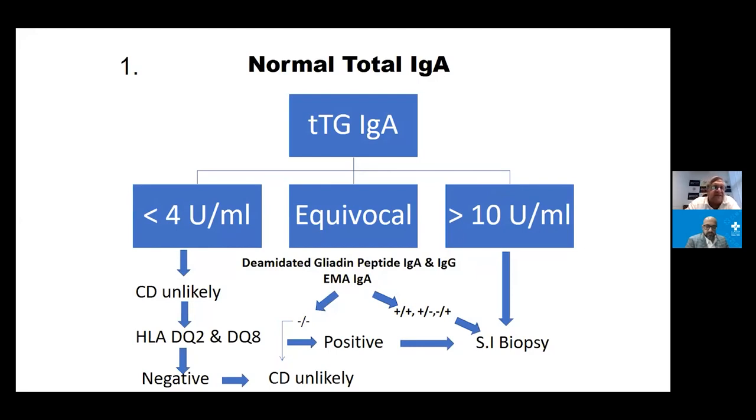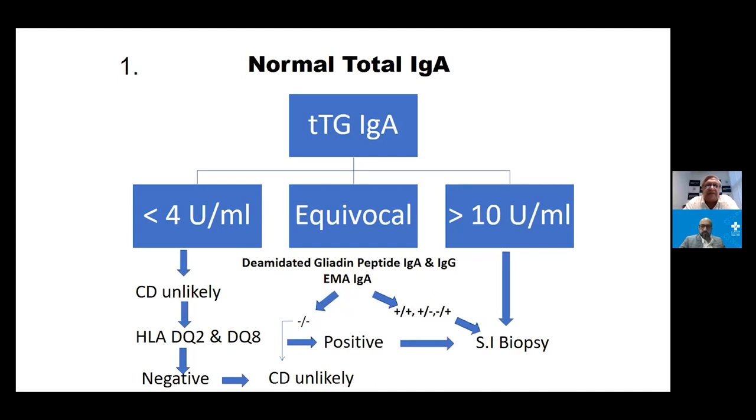If it is less than 4 units per ml, celiac disease is unlikely. To confirm that it is unlikely, you can do HLA-DQ2 and DQ8. If they are absent, you can be certain that this condition is not celiac disease.